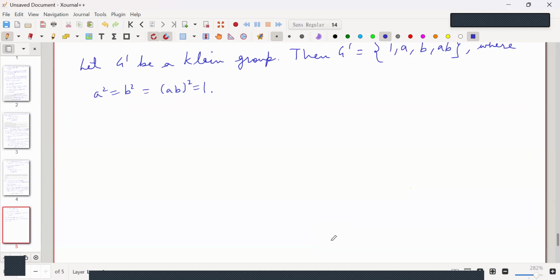So let me just recollect whatever you said and also fill the gap: why can two elements not map to the same two cycle?